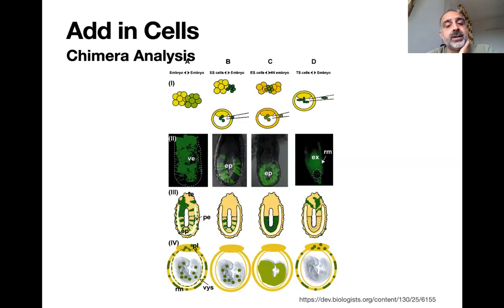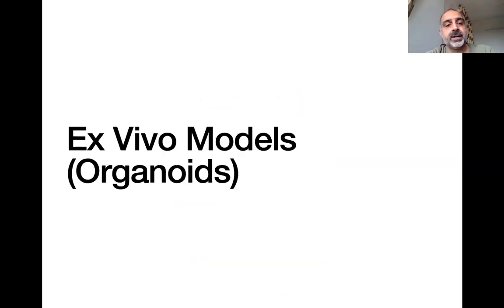Recently people are taking ex vivo approaches to understand the development, particularly of mice. Many of you have probably heard of organoids, and we'll talk about organoids in the final 15-20 minutes or so.